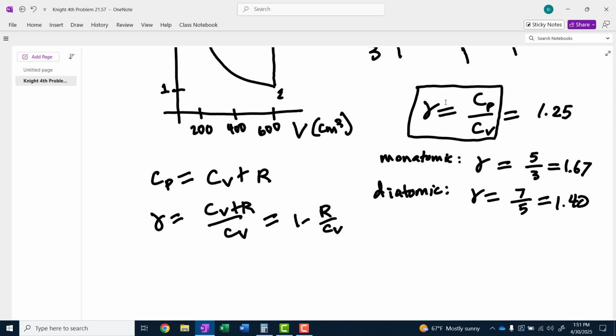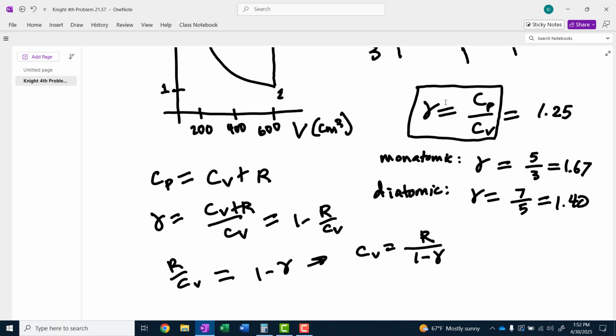So let's solve that equation for Cv. Let's see here. I get R over Cv equals 1 minus gamma. And just take the reciprocal to get Cv equals R over 1 minus gamma.